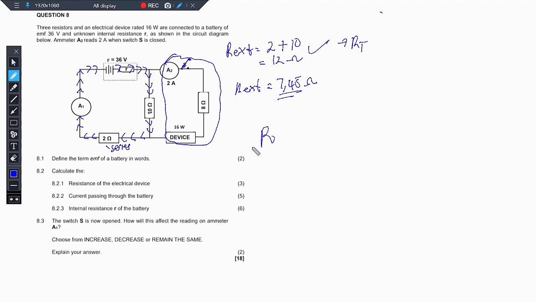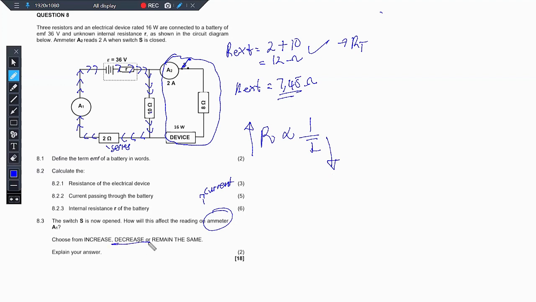Now that we know the resistance increases, what will happen to the current? Remember, when they're asking about the ammeter reading, this is the current because the ammeter measures the current. If the resistance increases, then because resistance and current are inversely proportional, the current has to decrease. So what is our solution here?